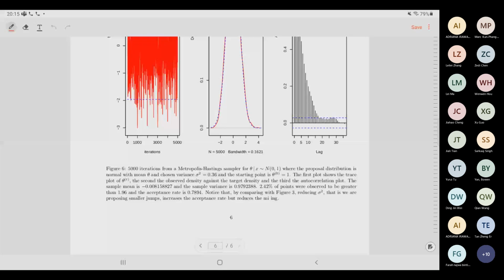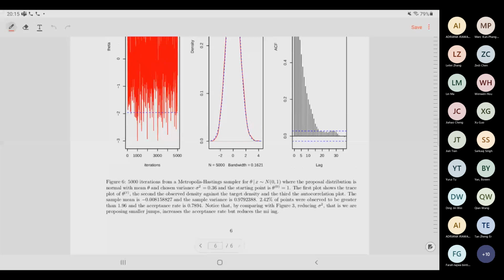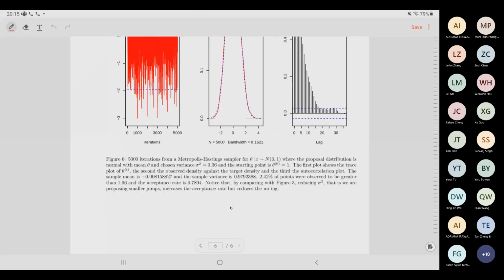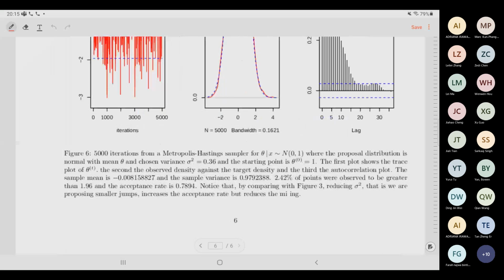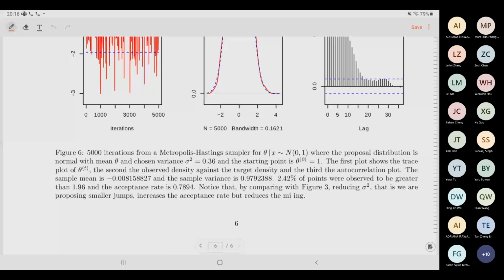So the aim here, if you look at the last line, if we compare this with figure 3, the other figure where your sigma square equals 1, then if your sigma square is smaller, our proposal will have smaller jumps because the variance is smaller.